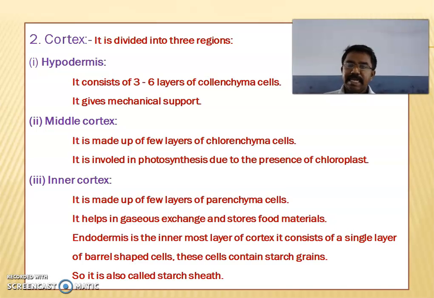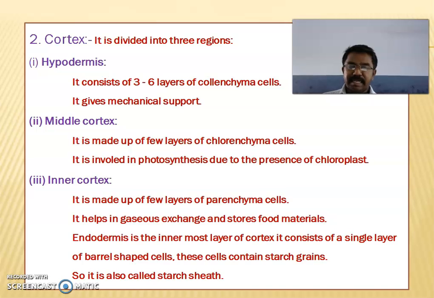Next, inner cortex. The inner cortex is made up of a few layers of parenchyma cells. It helps in gaseous exchange and storage of food materials. These are the major functions.